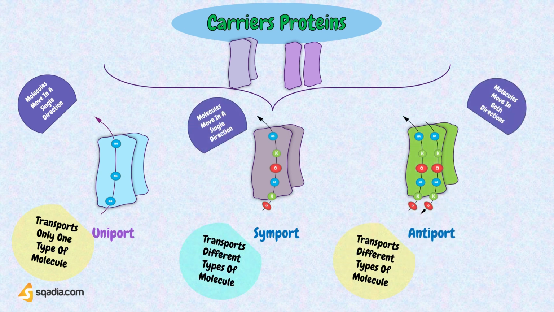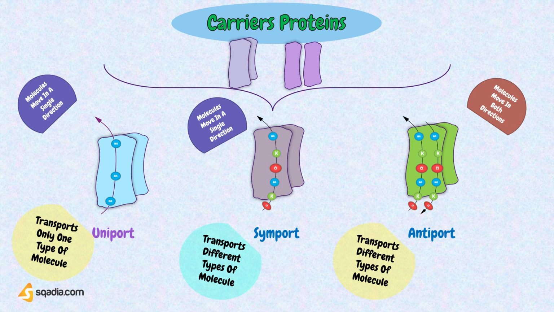Symport or antiport is the carrier protein that transports two substances at a time. Carrier protein that transports two different substances in the same direction is called symport or symport pump. Carrier protein that transports two different substances in opposite directions is called antiport or antiport pump. An example of antiport is the sodium-potassium pump.